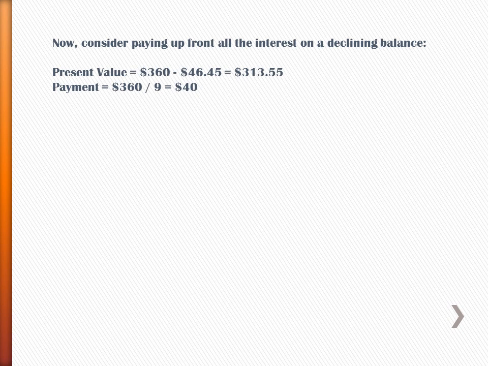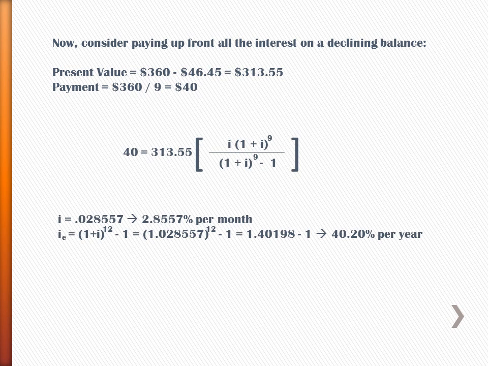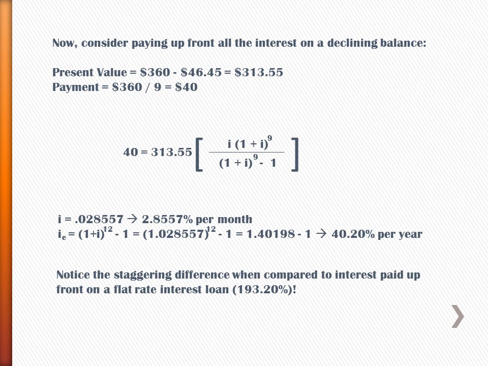Now let's consider paying up front all of the interest on a declining balance. According to these calculations, the annual effective interest rate is slightly over 40% per year. However, this is a staggering difference when compared to the interest paid up front on a flat rate interest loan, which was near 200%.